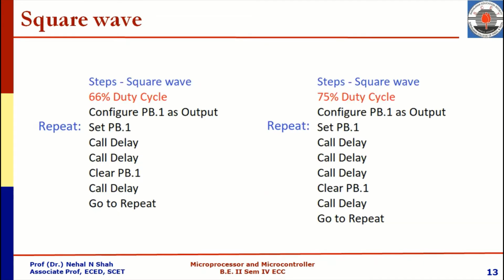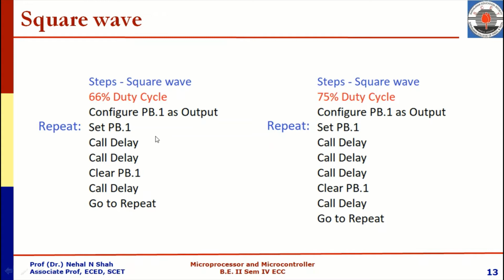In case we wish to generate 66% or 75% duty cycle, then this toggling mechanism is not going to work, but to serve the purpose, we can set PB.1, because in this case, for port B, first bit is used to generate square wave. We can set that bit.